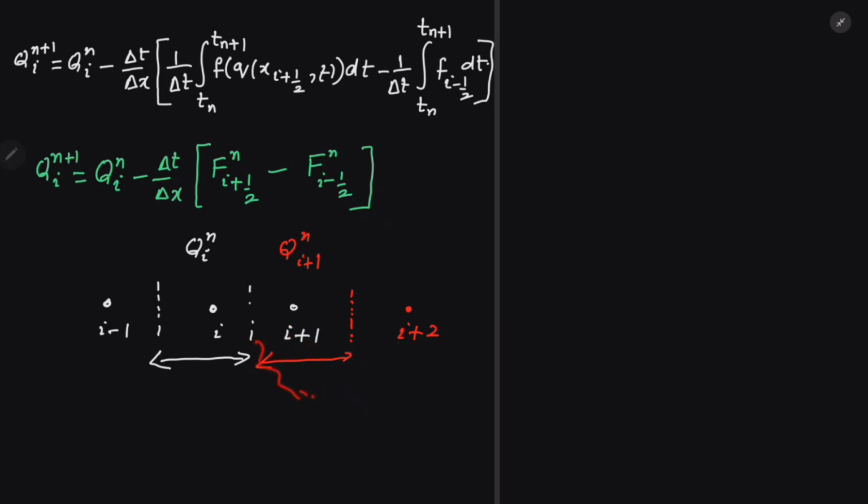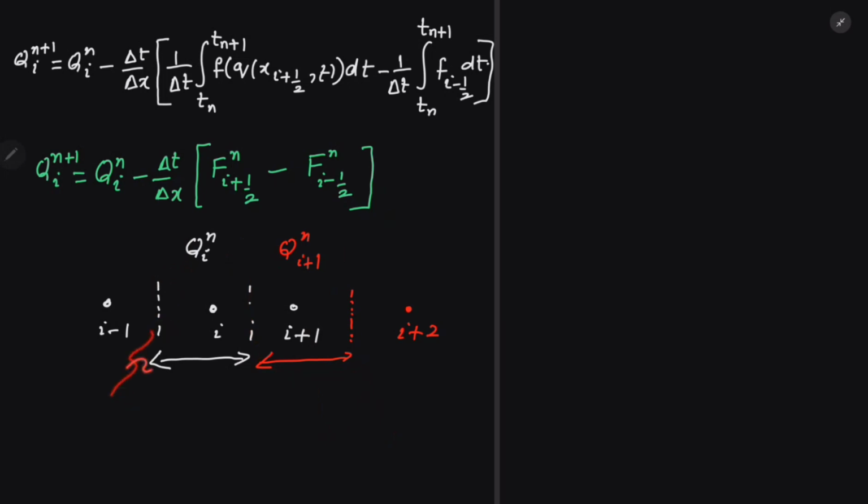If we calculate flux at I plus 1/2 at nth level, since there is no value existing over here, we can take advantage of the right value and the left value. It should be some combination of the right and the left value.